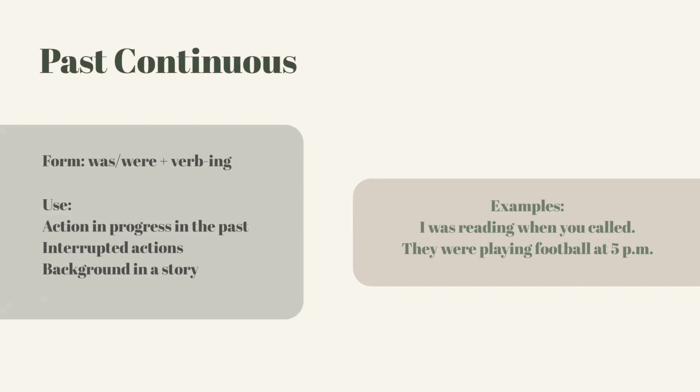I was reading when you called. So I was doing an action in the past. I was reading, right? But then you called, so it became past the second you called me. Or let's say that we were eating ice cream when we saw a friend, right?